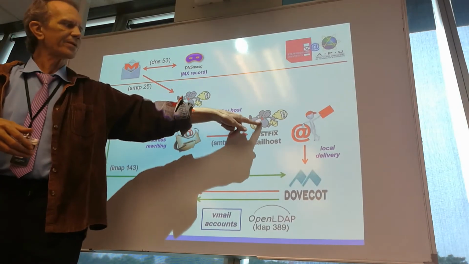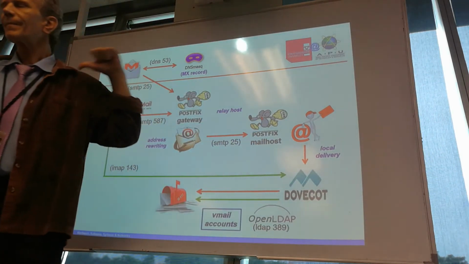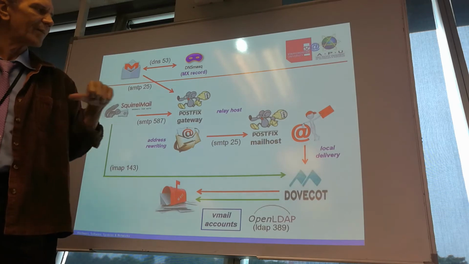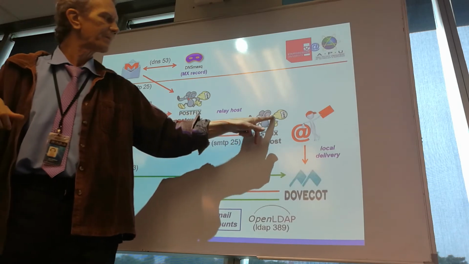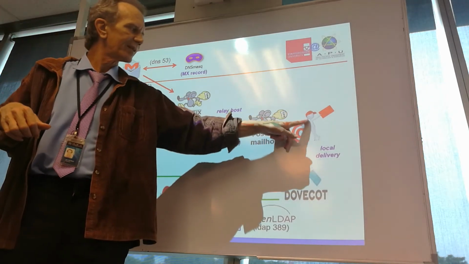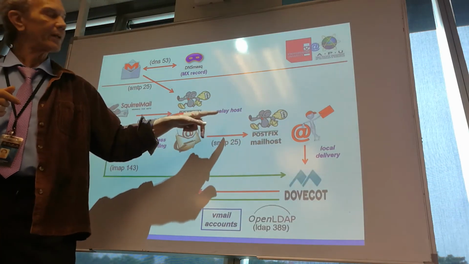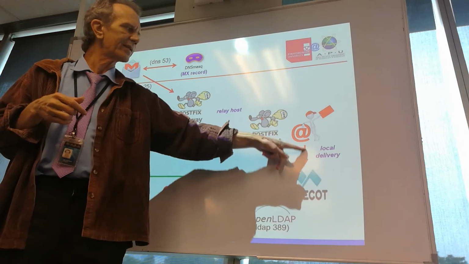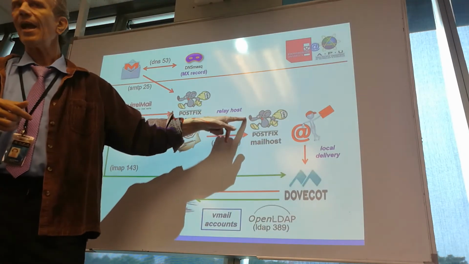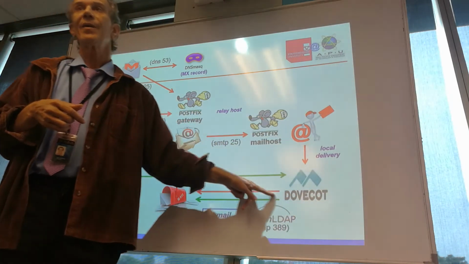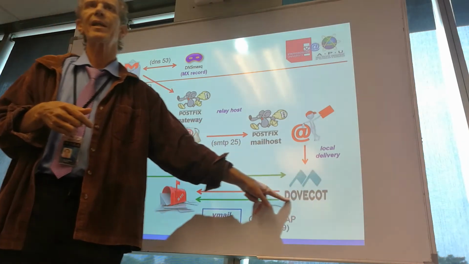Now, this Postfix is going to receive that mail, look at it and say, okay, this is my domain, this is mail for us, so I need to deliver it locally. So it hands it off for local delivery to Dovecot. Technically, if we configure it right, Postfix could do this local delivery itself, but it's pretty clumsy, and Dovecot is much nicer when it comes to handling the local mailbox and local mail access.